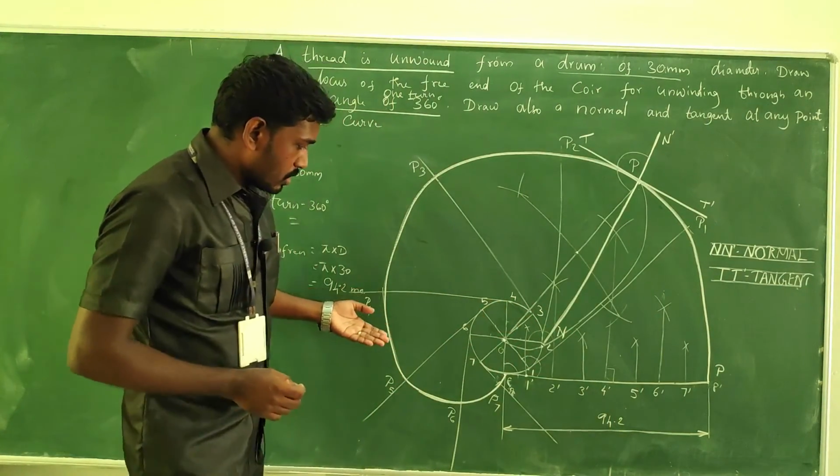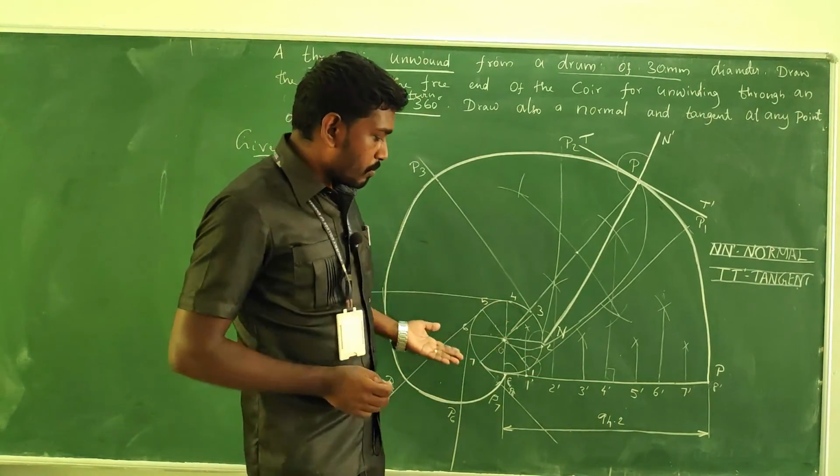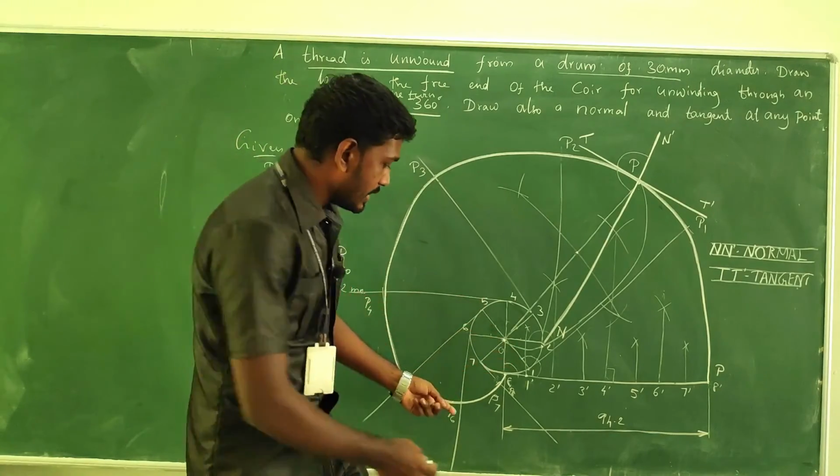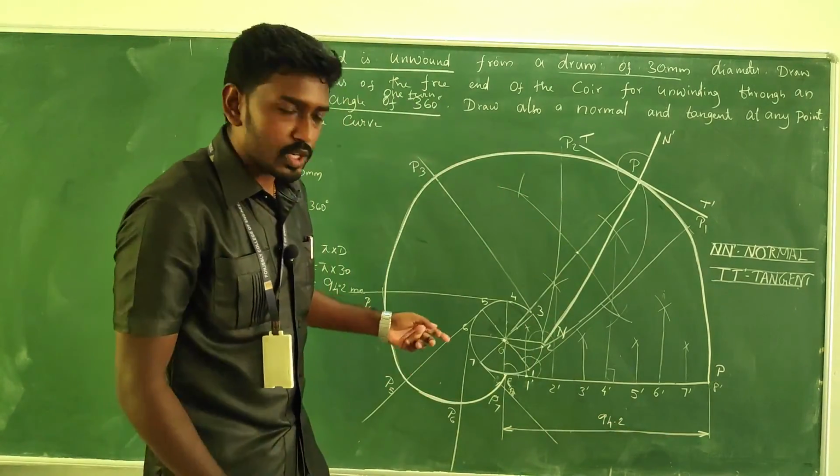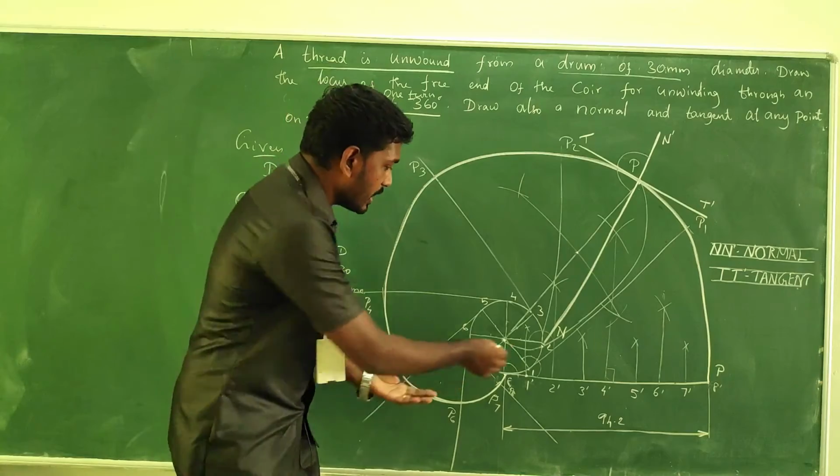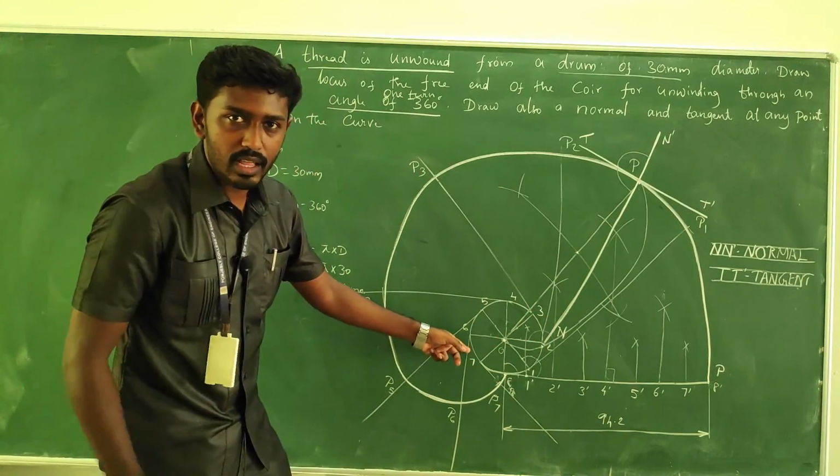Then we have to mark all the dimensions. Here the circumferential length we have captured. The important work is that the circle dimension should be mentioned, right?